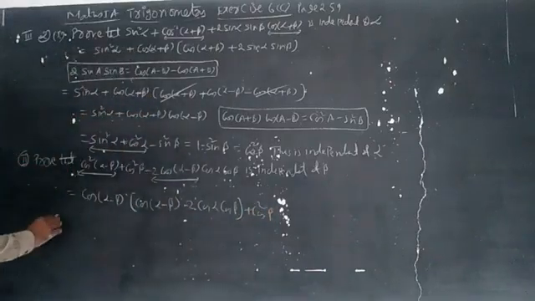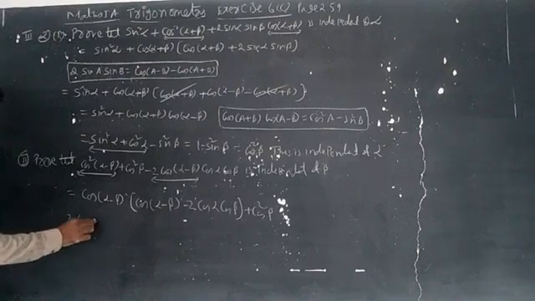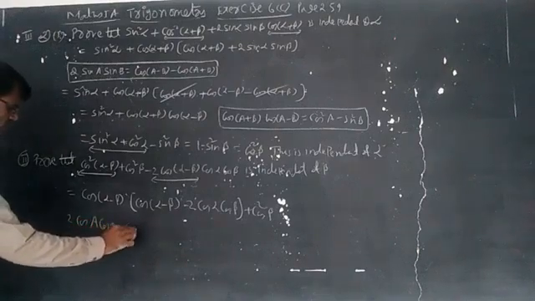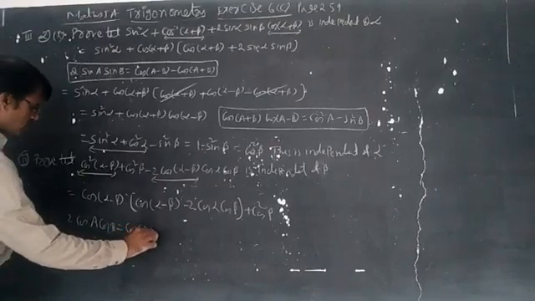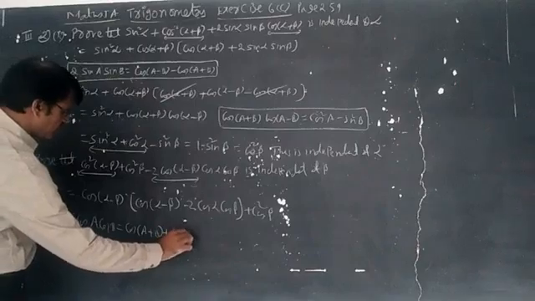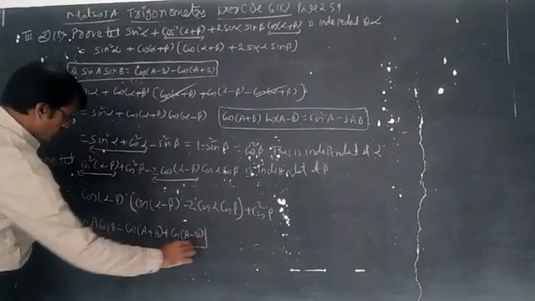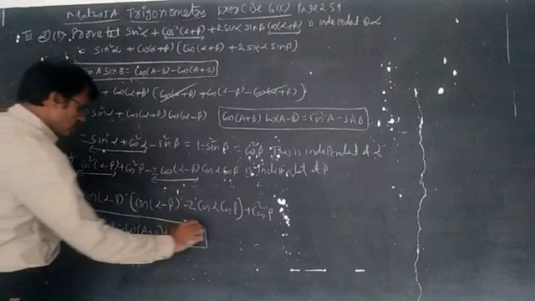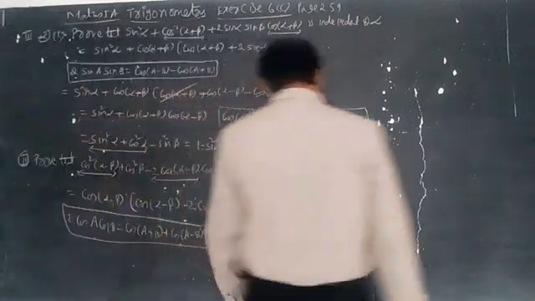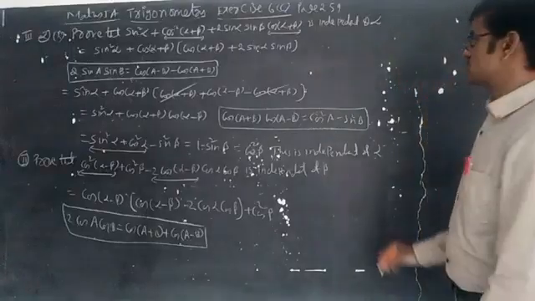Let us remember the formula: 2 cos A cos B is equal to cos of A plus B plus cos of A minus B.